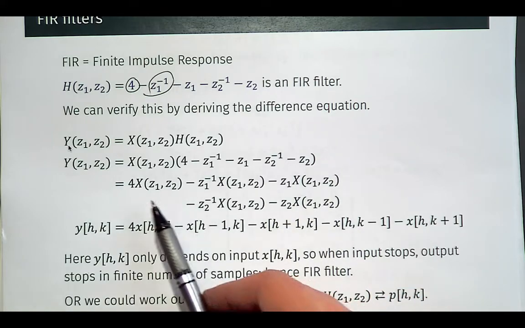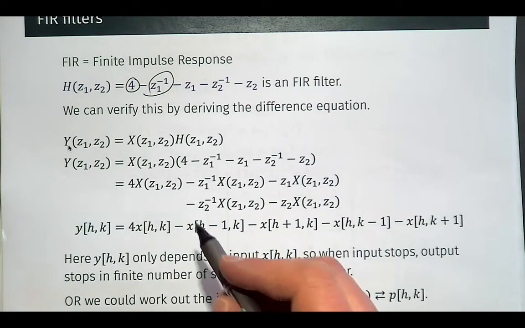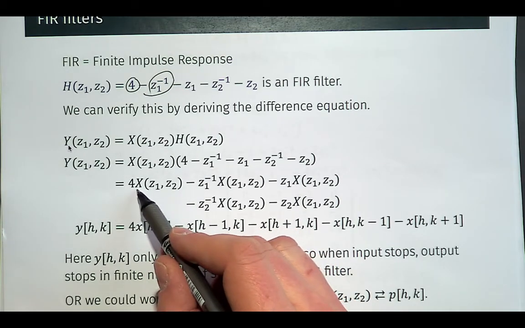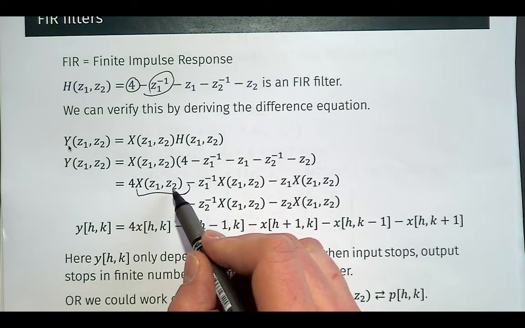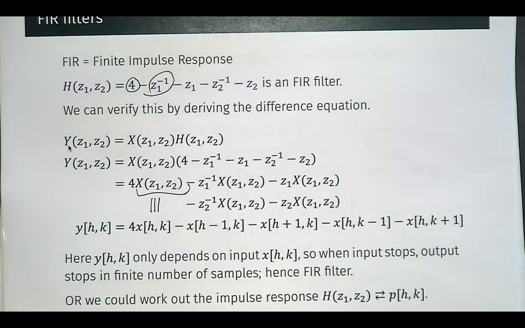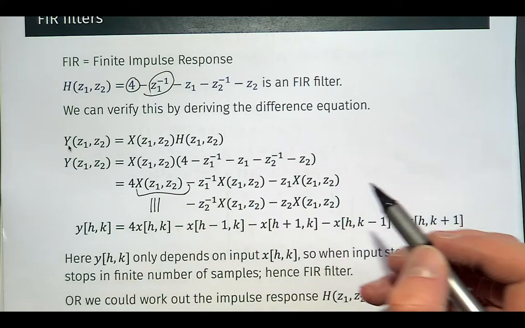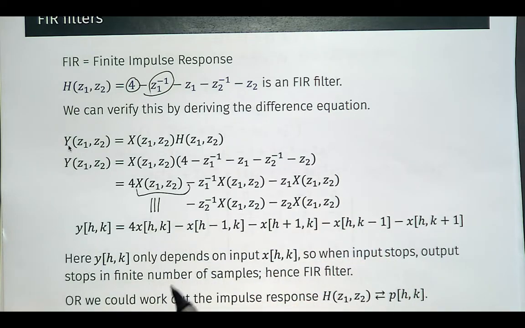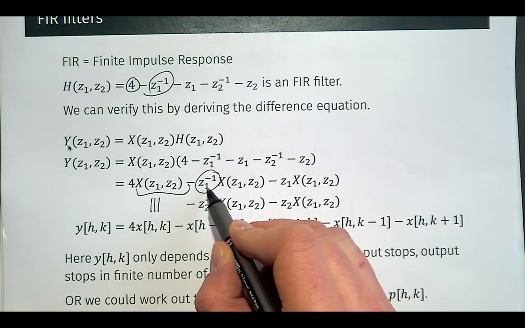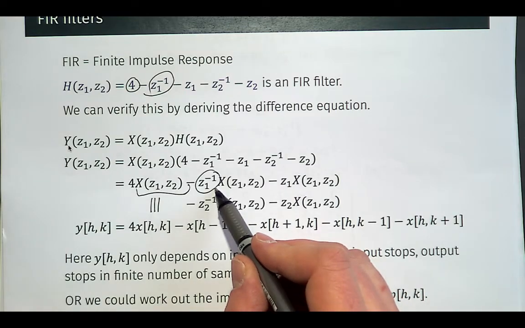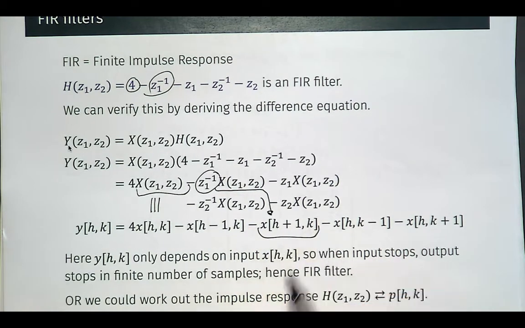And again, you can identify, so you can do the inverse transform by just observing that if you have x(z1, z2), that really corresponds to the original signal sample. But here, if you have z1 to the power of minus 1, what you're looking at is a shift in the x direction.